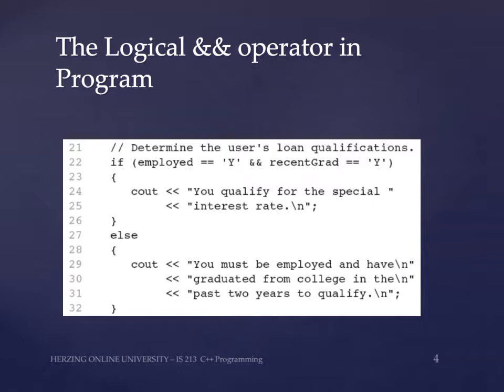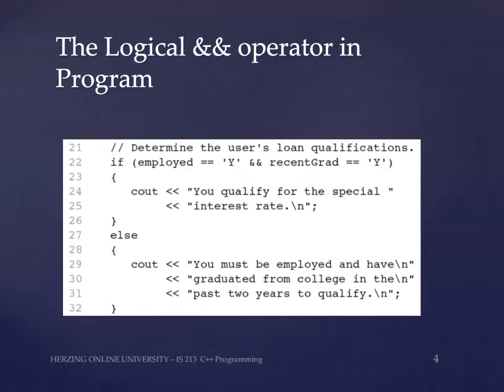An example of the logical AND operator is a program where we might want to know if the user is qualified for a loan based on 2 conditions: if the user is employed and if the user recently graduated. In this case, we use the logical AND operator to test whether the left condition, employed, is yes, and the right condition, recently graduated, is yes.